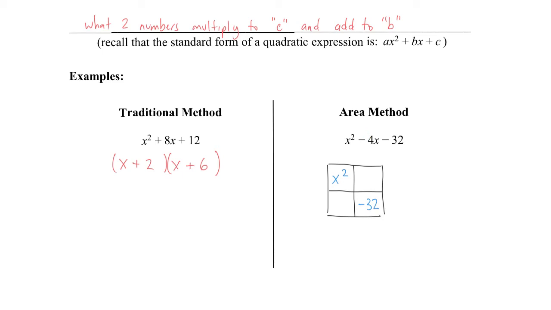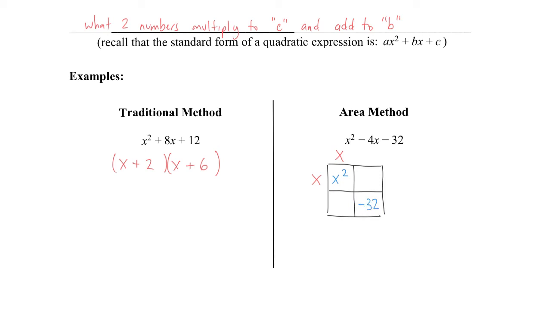All right, so what does that mean for us? I know that whatever's here and here has to multiply to x squared. So that kind of relates back over to here. So I know that this has to be an x and this has to be an x. And now what I want to do is start putting things here and here that multiply to negative 32.